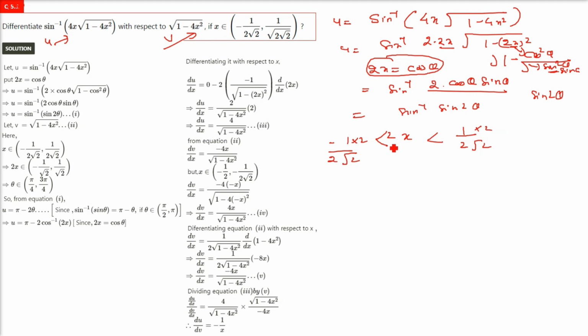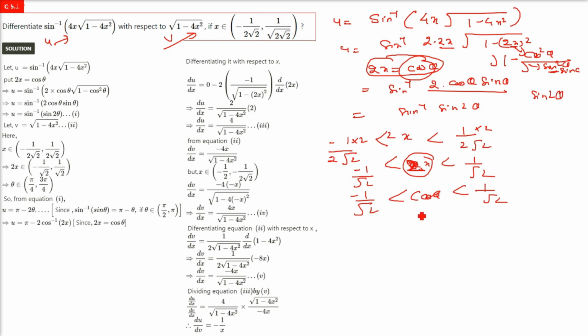So multiply this whole by 2. 2x is between minus 1 by root 2 and 1 by root 2. It is 2x, not x. And what is 2x? It is nothing but cos theta. So you can replace 2x by cos theta in this inequality, and cos theta is between negative 1 by root 2 and 1 by root 2.